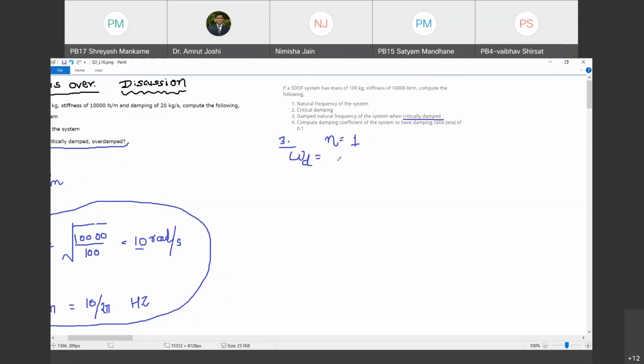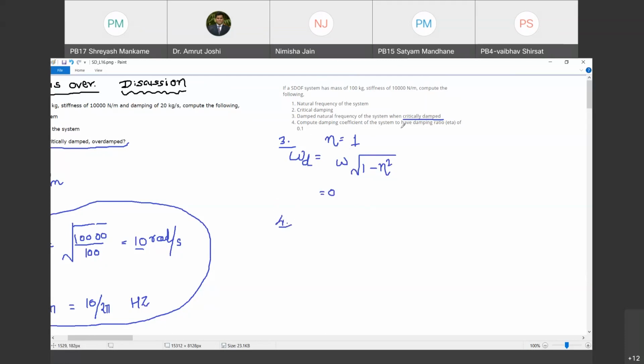And then omega d is equal to what? Omega into square root of 1 minus eta square. And 1 minus eta square becomes 0. And therefore damped natural frequency becomes 0. So this was the only crucial part in this. And then we are going to go for the fourth part.